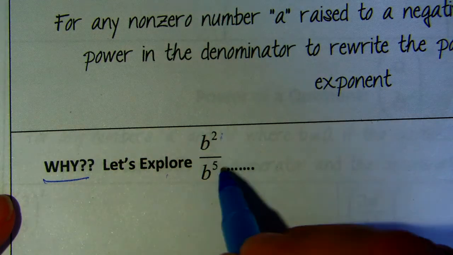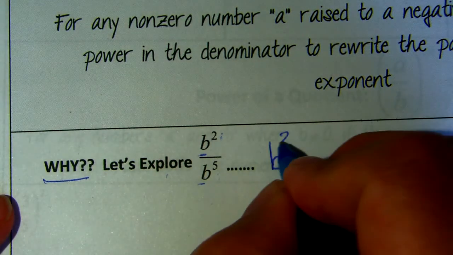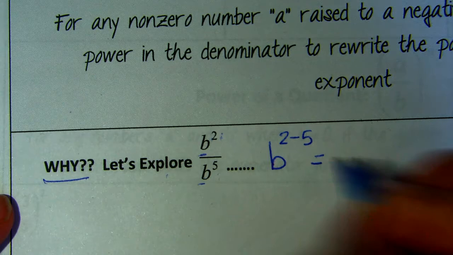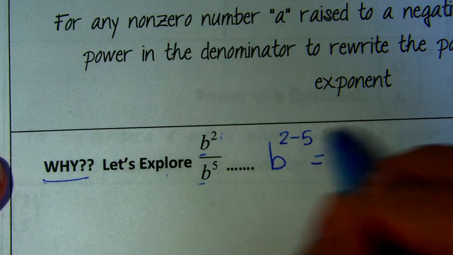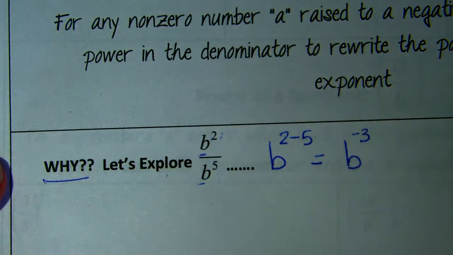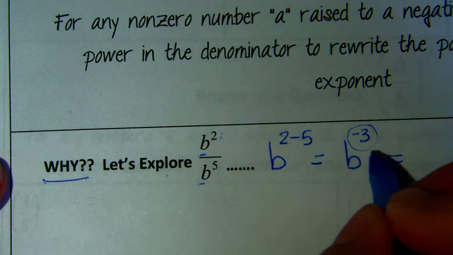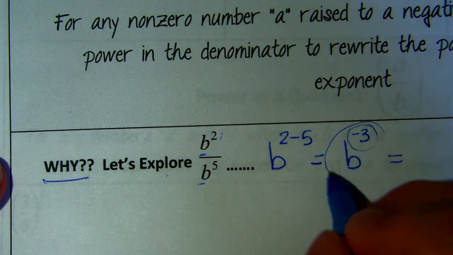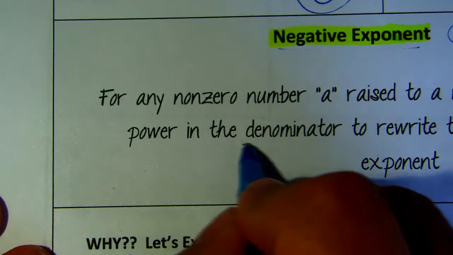Again, we have a division, same base. When we divide, what do we do? Subtract the exponents. So this is like having b to the power of 2 minus 5, which is negative 3. But we don't want this negative exponent. What do we do? We send this whole thing to the bottom as a denominator.